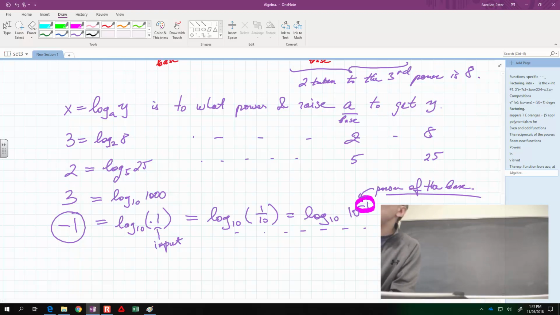Okay, so one more. Say log base 4 of 2. Log base 4 of 2. Once again, try to represent 2 as a power of 4.